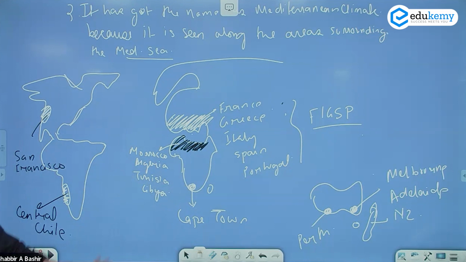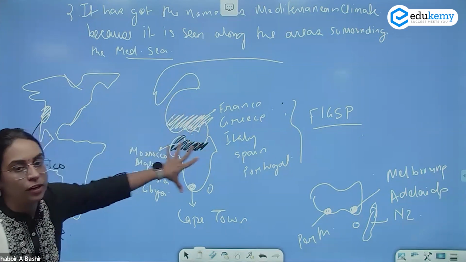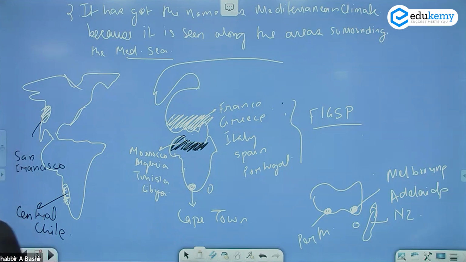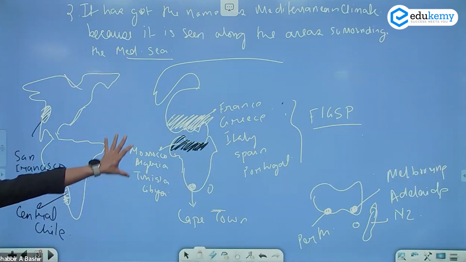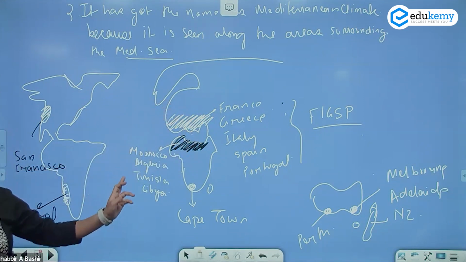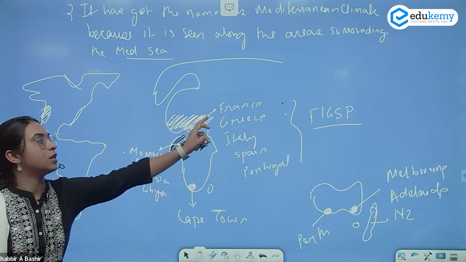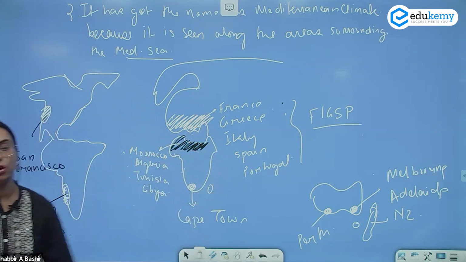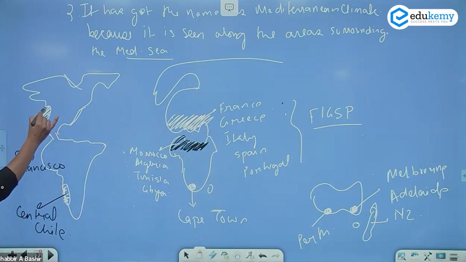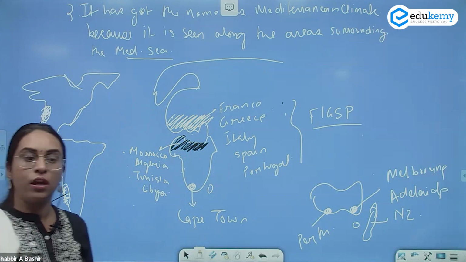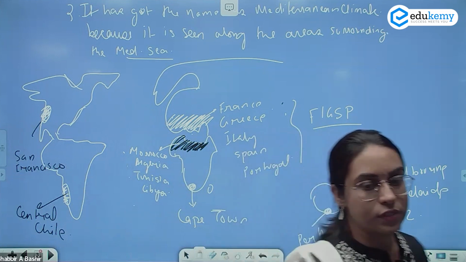So where do we have it? Majorly we have it around the Mediterranean Sea. We find it along the Mediterranean Sea in Morocco, Algeria, Tunisia, and Libya. And in Europe, you have France, Greece, Italy, Spain, Portugal. Along the San Francisco region, along the Californian region, you have this climate.